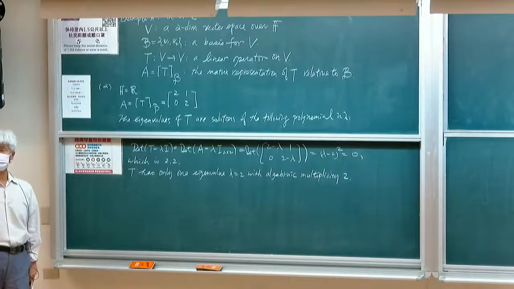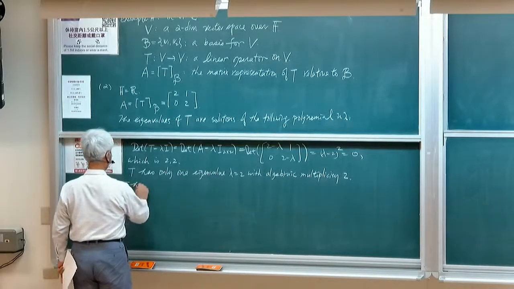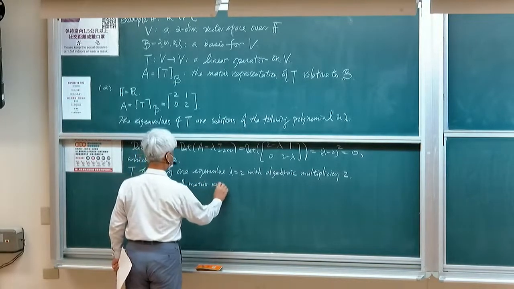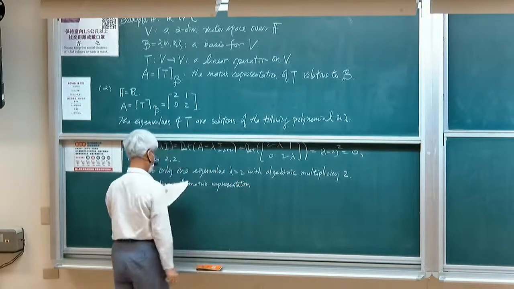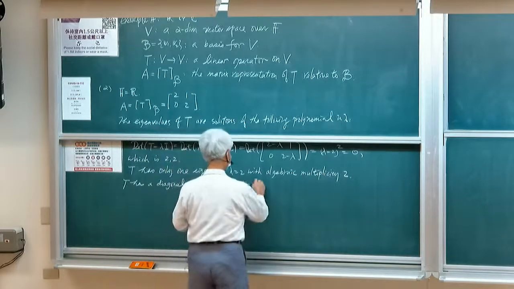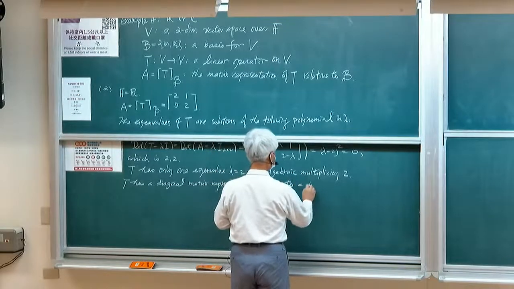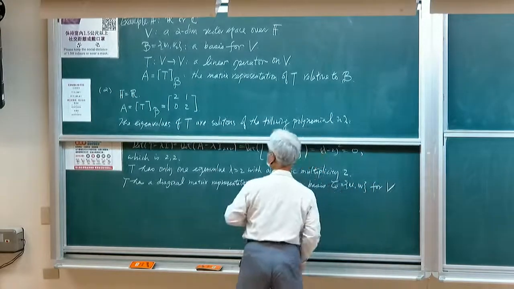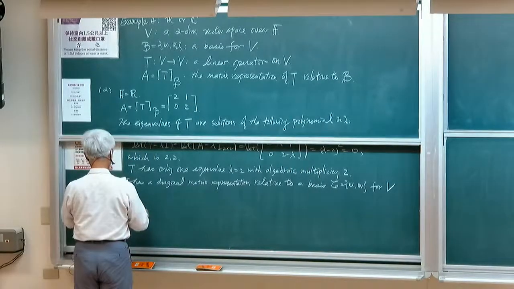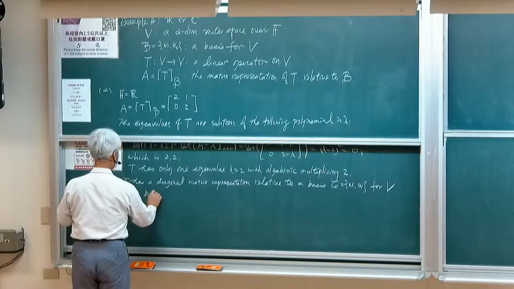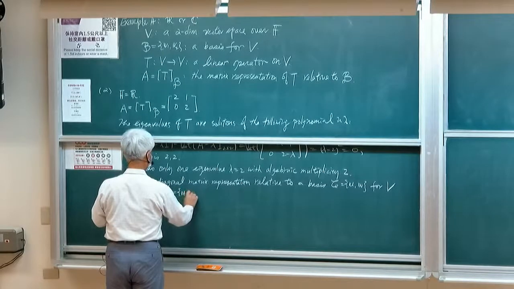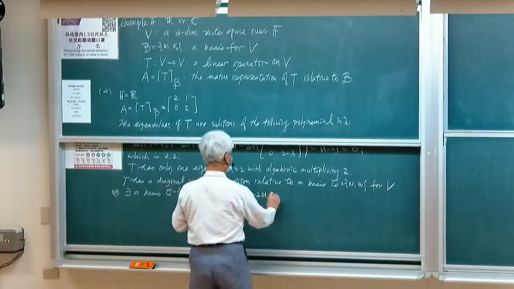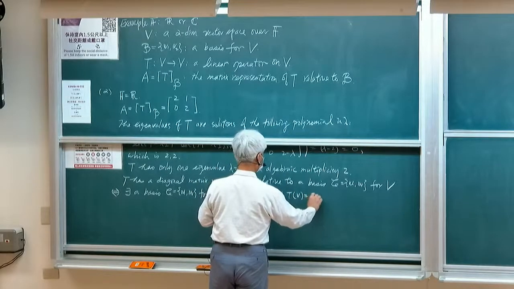Now our purpose is to find a diagonal representation. T has a diagonal matrix representation relative to a basis, say C equal to U, W, if and only if there exists a basis C for V such that Tu is equal to 2u and Tw equal to 2w.